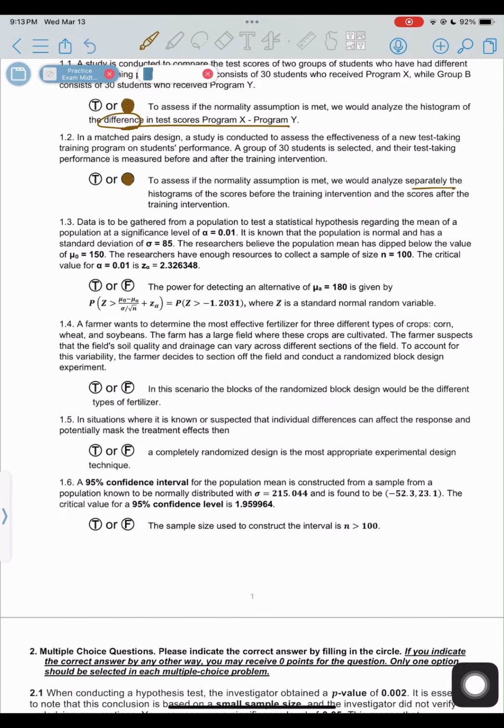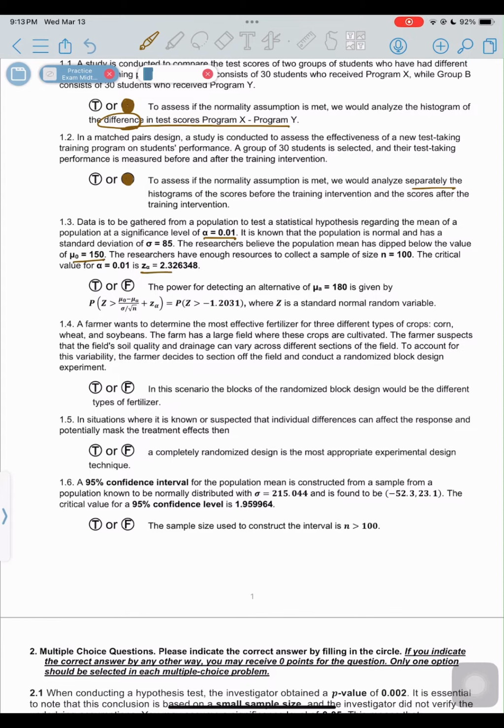So data is to be generated from a population to test the statistical hypothesis. Sigma is 85 and the significance level is 0.01. And then mu naught is 150, and the critical value is 2.328648, something like that.